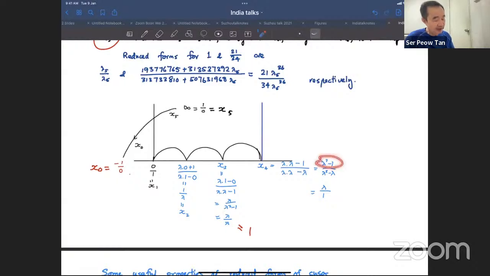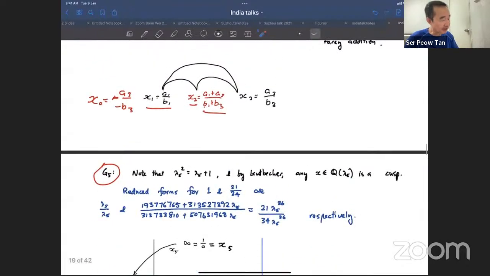The numerator becomes lambda squared minus 1, the denominator is lambda squared minus lambda, which is lambda over 1. So the reduced form for x4 is lambda over 1, which we actually know. Okay. And once we know, for example, x1, x2 in reduced form, I can do the next level, and so on by using this rule.